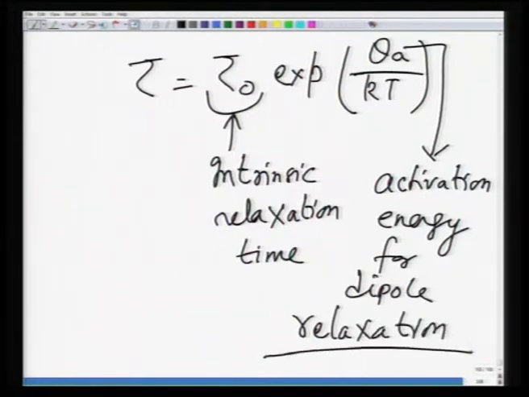The terminology changes from QA to EA, but the meaning does not change. And this relaxation time is temperature dependent. As the temperature increases, this relaxation time would decrease, which means the frequency will increase.